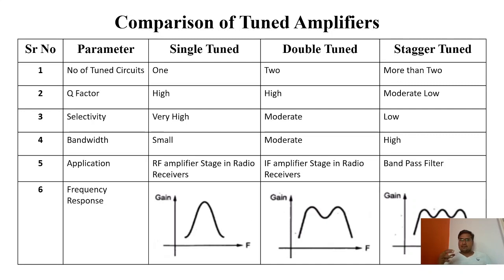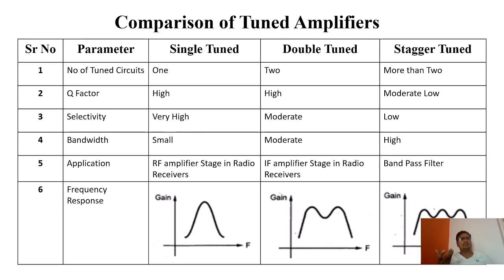Now apart from that, the stagger tuned amplifier has a different application. Look at this. A single tuned amplifier can be used in the RF amplifier stage, a double tuned amplifier is used in the IF stage, whereas a stagger tuned amplifier is used as a band pass filter. A band of frequencies can be passed easily.